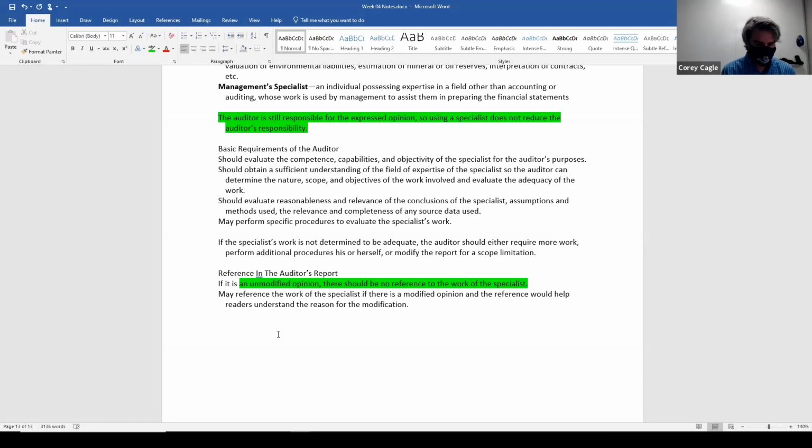But yeah, if you're modifying the opinion because of something there, and you need to reference them to make the readers understand, then you can do it. But you'd want to mention in the report, though, that just because I'm referencing this specialist doesn't in any way reduce my own responsibility for the opinion given in the report. You want to make sure that you're not being perceived as dividing responsibility between yourself and the specialist. It's all you.